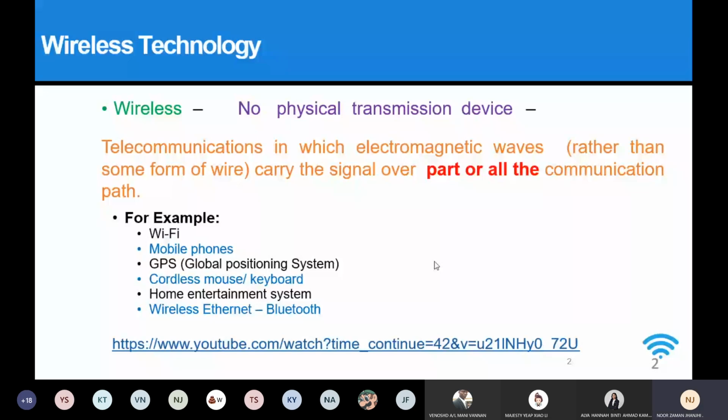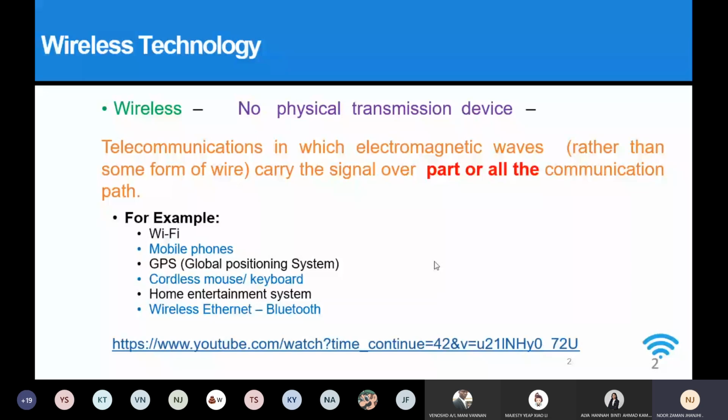Now, what does it mean by all of it? We have many different types of networks in wireless. For example, we create a very simple network using NFC, infrared, or Bluetooth. We only need two devices, and we don't need any wired backup.